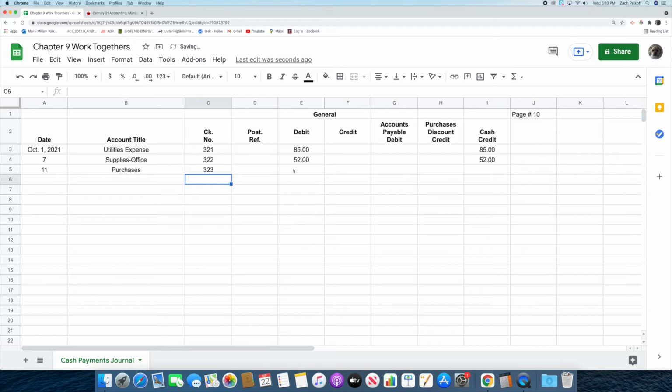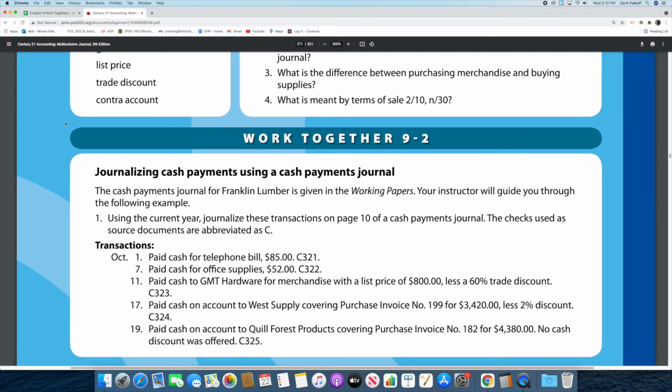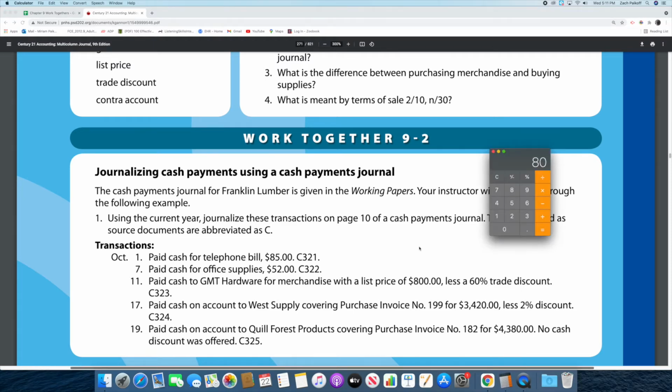Now, for this transaction, we are going to have to do a little bit of calculating. So the transaction read that we paid cash to GMT Hardware for merchandise with a list price of $800 less a 60% trade discount, and the check number was 323. So what we're going to do is take the $800 and multiply it by the 60% trade discount.